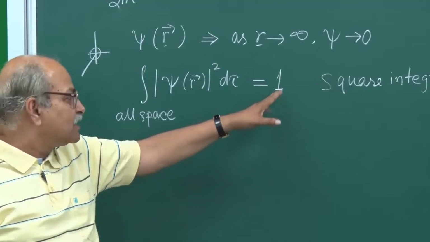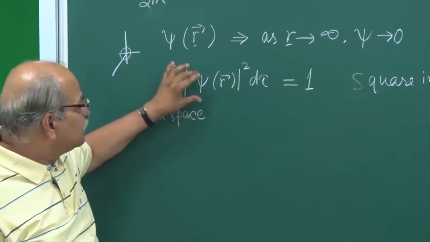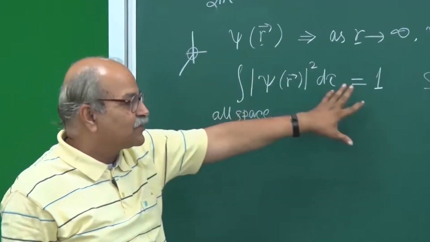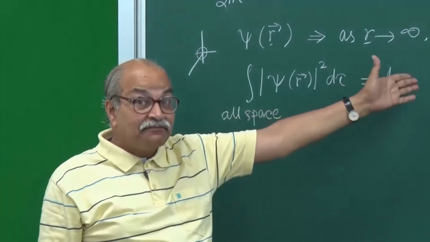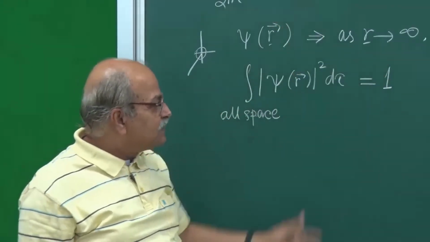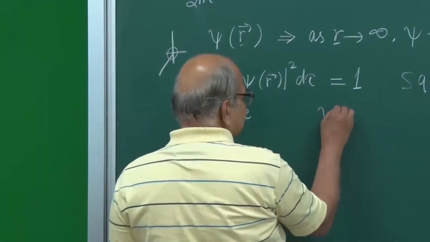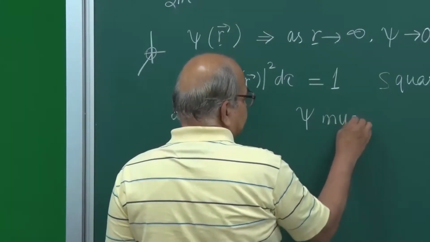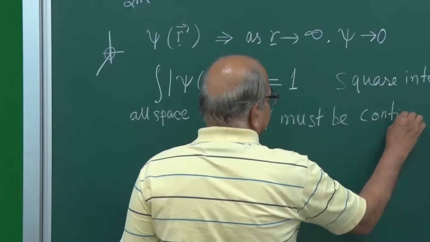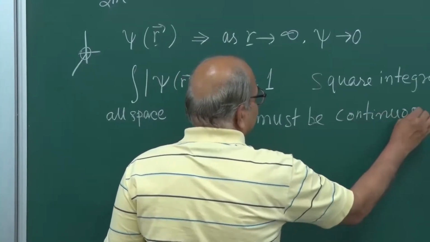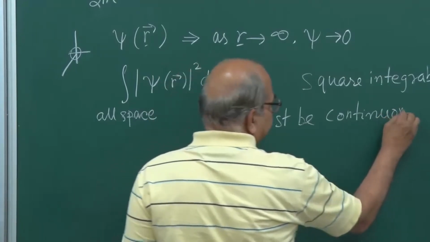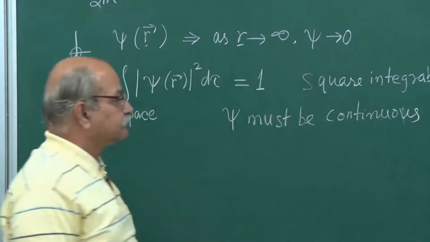If that finite quantity is 1, it is fine, otherwise we will just scale it, we will put some constant here and make it 1, but it should have a finite value, it should not be infinity. So, these are some of the things. Of course, psi must be continuous. So, these are some conditions that this wave function has to follow.